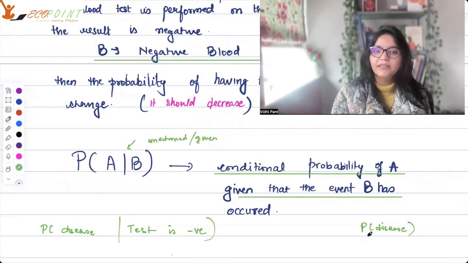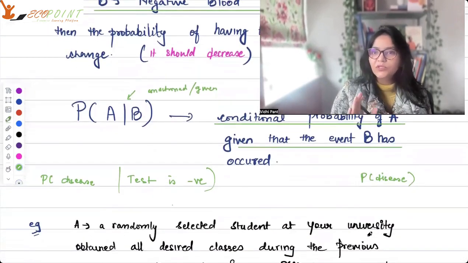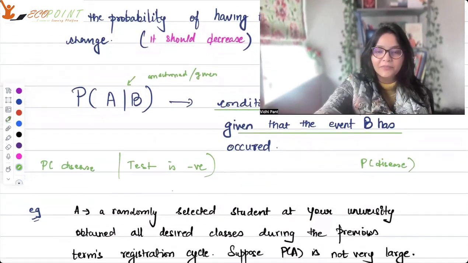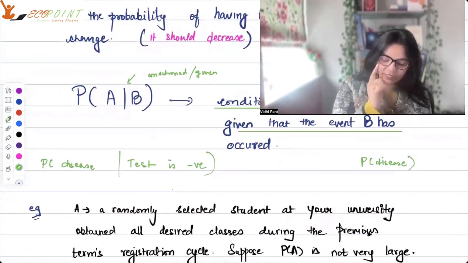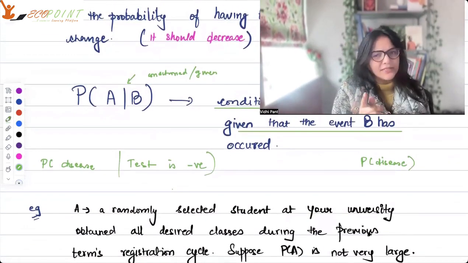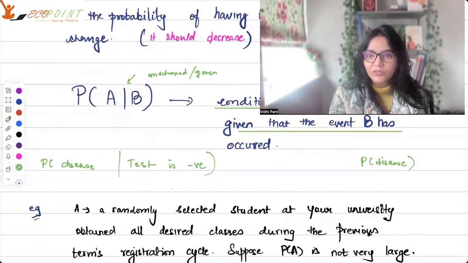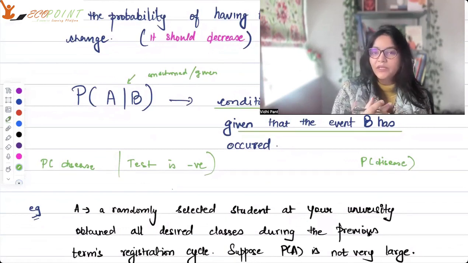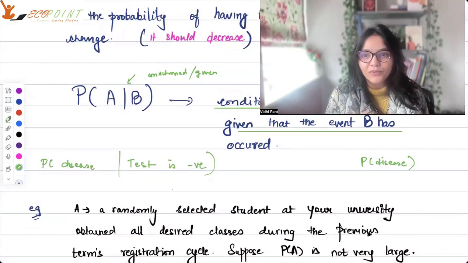You will logically think that the probability of this person having the disease falls down to say 10-20%. I'm taking numbers just for clarification here. Let's take another example. So you should think in your mind, does it mean that when I have additional information the conditional probability would always be lower, or can it be greater also?